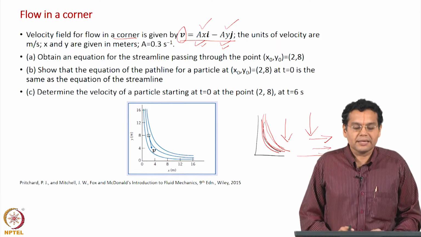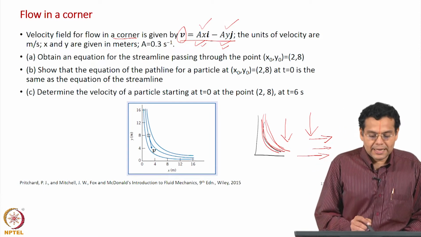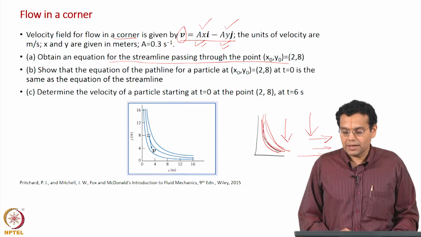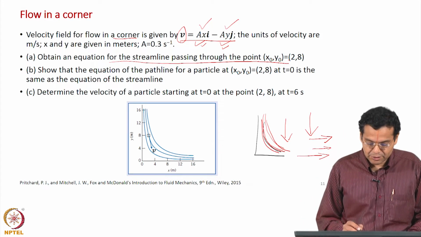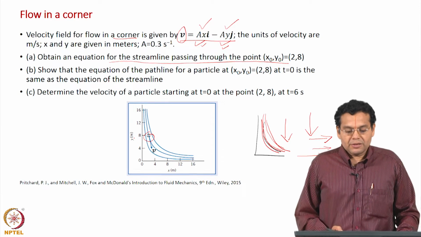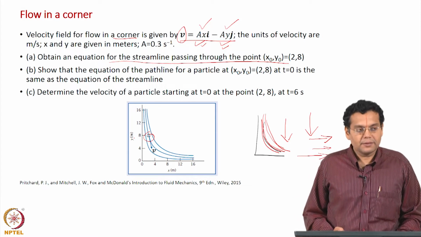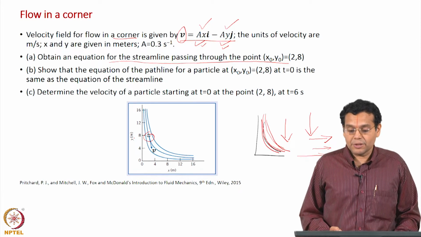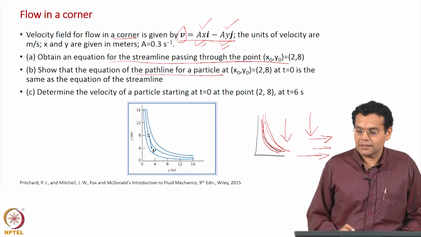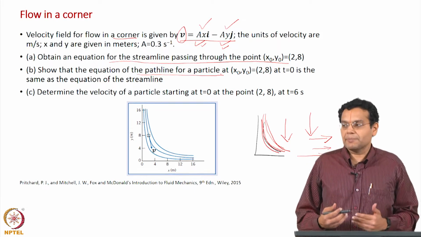as 0.3 per second. What are we asked to do? Obtain an equation for the streamline passing through the point x0, y0 equal to 2, 8, and that point is shown here. Then, because it is a steady state velocity field, we are asked to show that the equation of the path line for a particle, as we have discussed, not any streamline coincides with any path line.